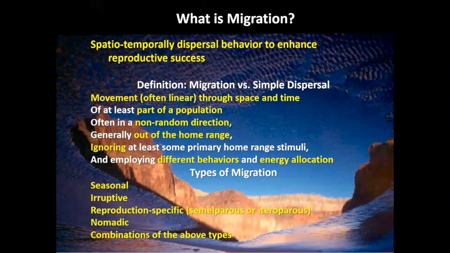So seasonal, eruptive, reproductive, and nomadic, which means there may not be an endpoint or a destination for that migrant. They may not know exactly where they're going. They just know that they've got to get out of this place. And then there can be combinations of all the above. For example, we have cyclical migration that goes on a daily basis, say with some amphipods and with toads and things like that. So there can be alterations of any of these types in our definitions of migration.